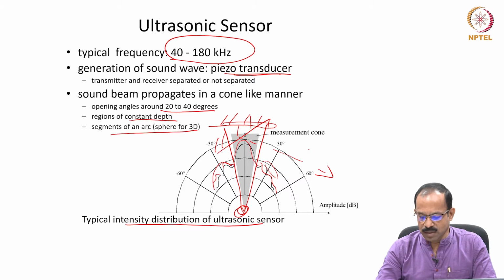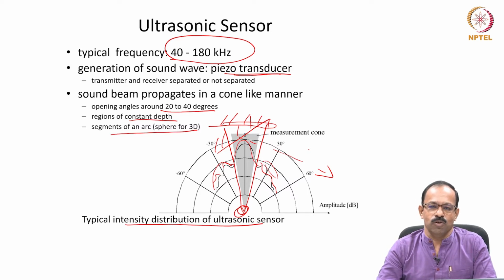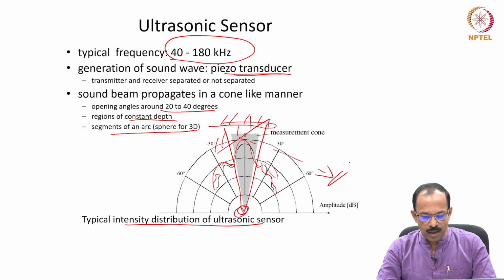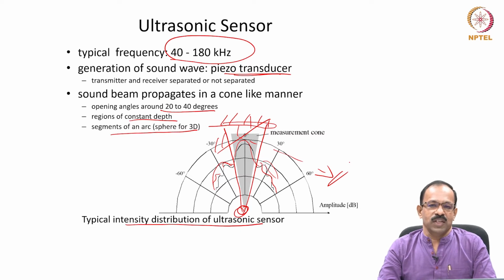There will be many differences in the environment, or there may be objects which are either not reflecting, or the reflection may not be in the normal direction. All those will cause some challenges, and that is why you do not always get a proper measurement. If you do the measurement 3-4 times, you may get different readings because of this kind of issues. But still, it is a good method of measuring. You can get reasonably good measurement using a sound based or ultrasonic sensor.